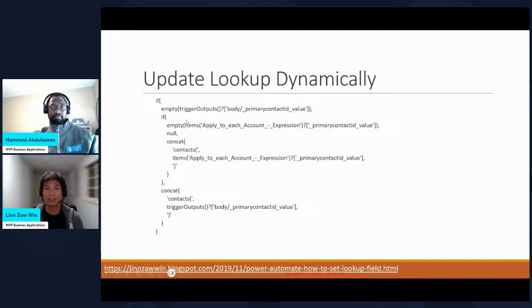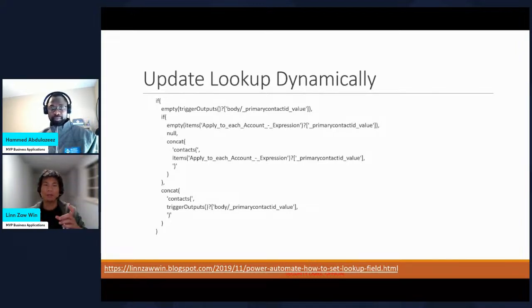To explain this particular expression: if the primary contact is empty, we will check if the child record's value is also null, we just set it null. Otherwise, we will set the same value of the child record's primary contact. Otherwise, we will set the primary contact value from the main parent record.